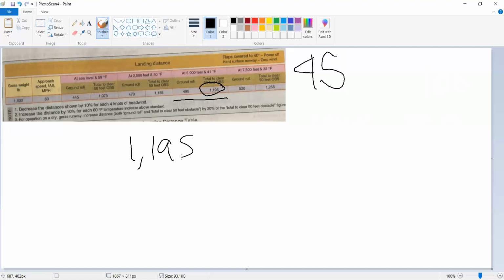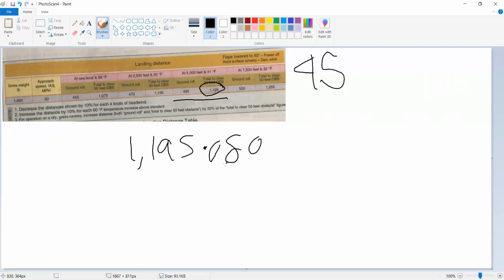So it looks like all we have to do is multiply that by 8 knots, and we should be good. All right. So once again, it's the same thing as the above problem. That's 8 knots. Every 4 knots, you subtract 10%. So 8 would be 2 of those, so that's 20%. We have to subtract that from 100, and we get 80%.